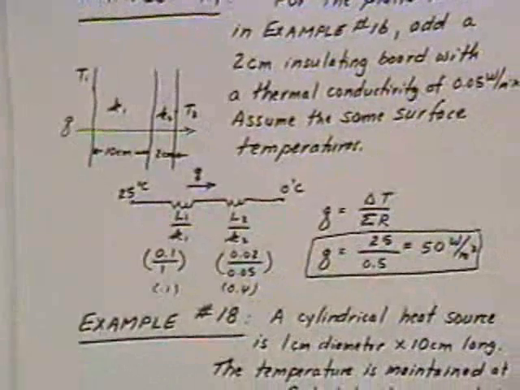Now, we had a situation a while ago with just the 10 centimeter plane wall and a fairly high thermal conductivity of 1, where we had 250 watts per square meter of heat being transferred through that plane wall.